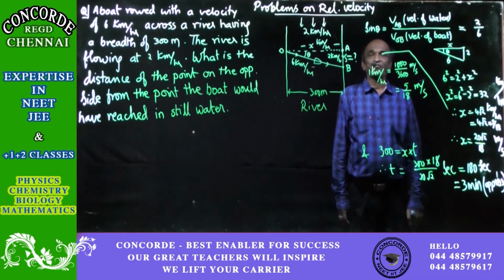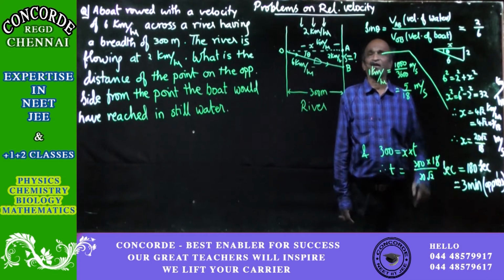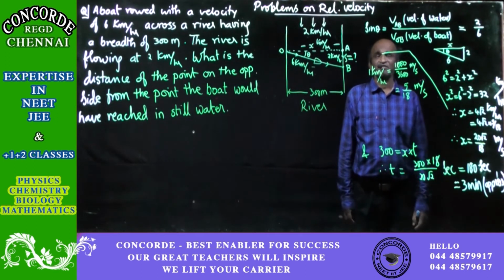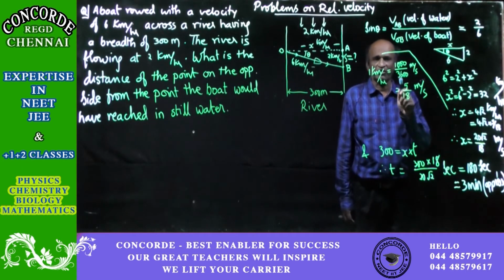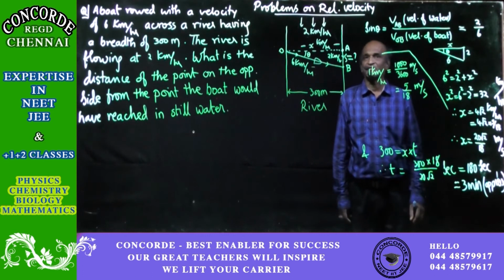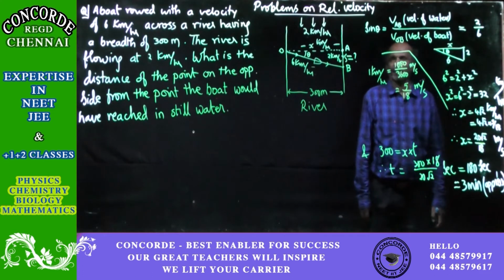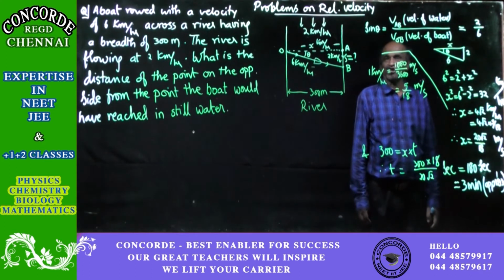You will see kilometer and hour units very often in exam questions. Don't leave it as it is, convert it into the SI system. When converting kilometer per hour into meters per second, don't forget to multiply by 5 by 18.